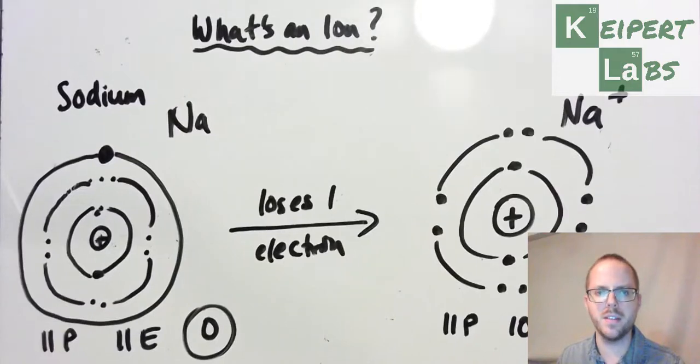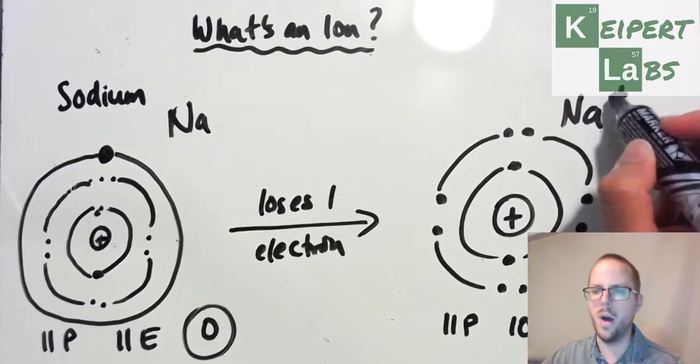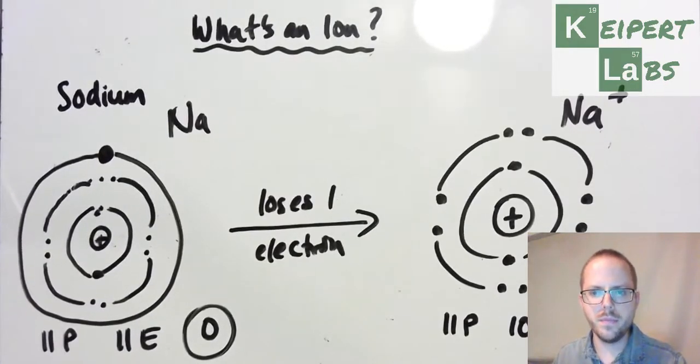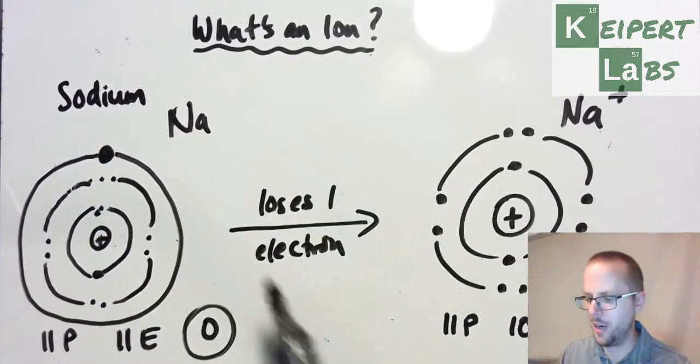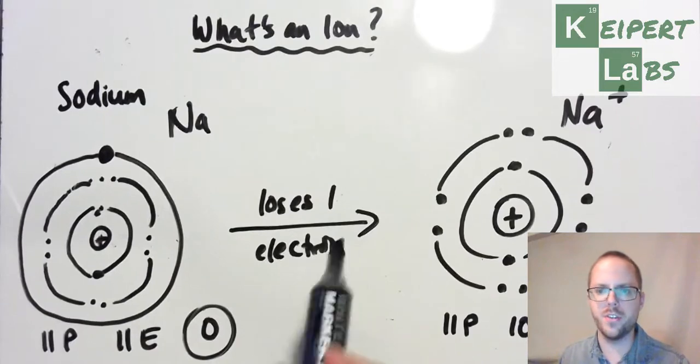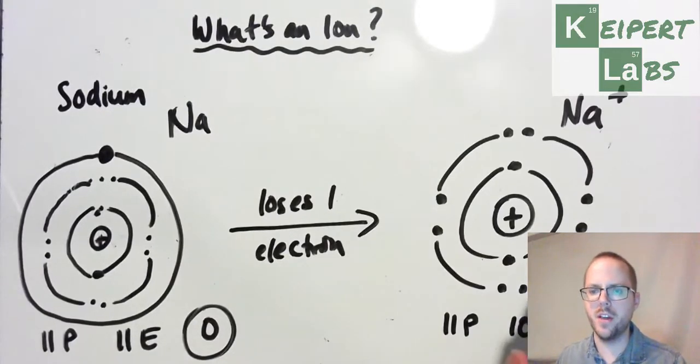So Na+, to show that this is slightly different from what it was to start with. You'll notice I've got a +1 charge, but I didn't write the 1, because if there's no other number, we can say that it's a 1. So in this situation we've got an atom that has lost an electron, 1 electron specifically, to become this thing we call an ion.